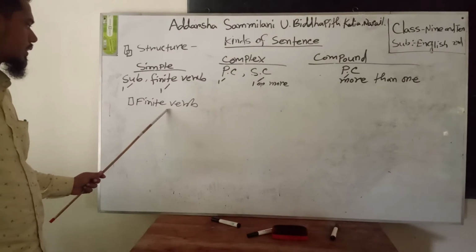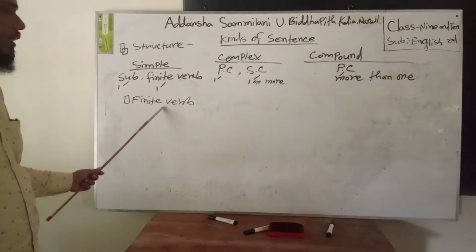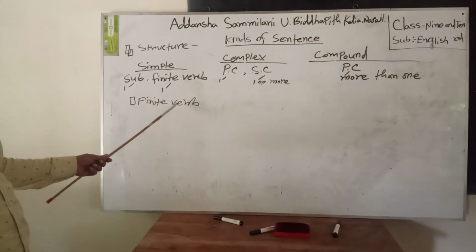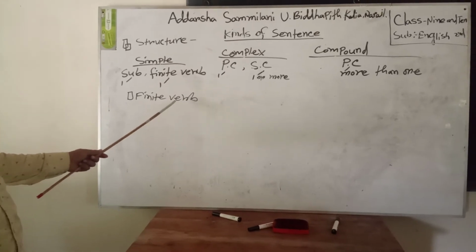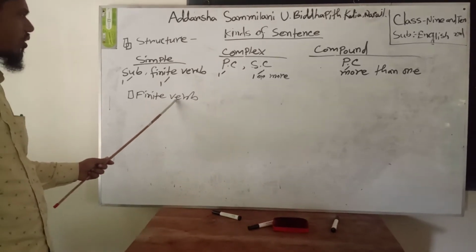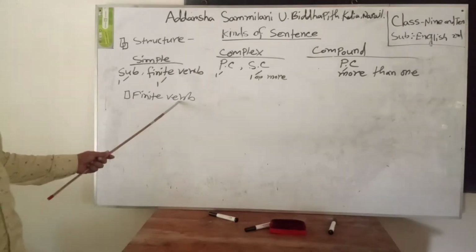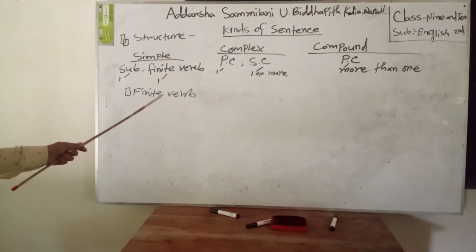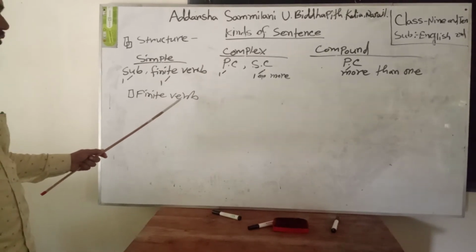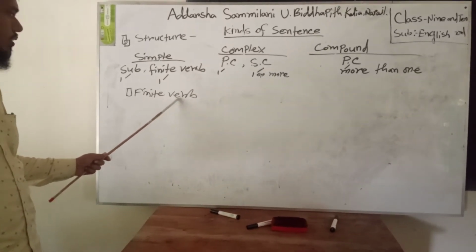The verb that completes the meaning of a sentence and changes its own form according to number or person of the subject as well as according to tense is called finite verb.